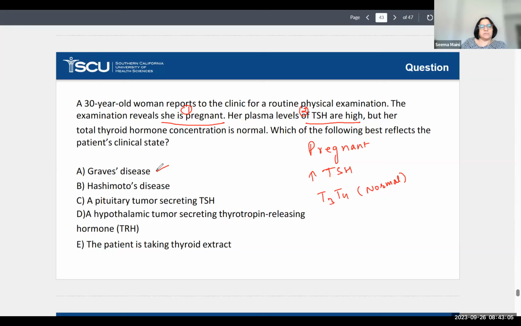Graves' disease, Hashimoto's, a pituitary tumor secreting TSH. How do you explain? So there is only one abnormality here. TSH levels are high.